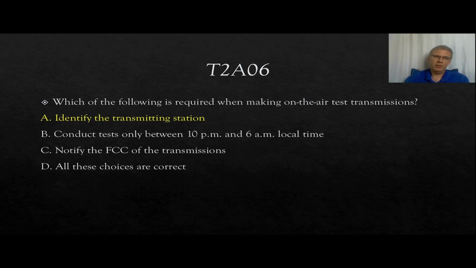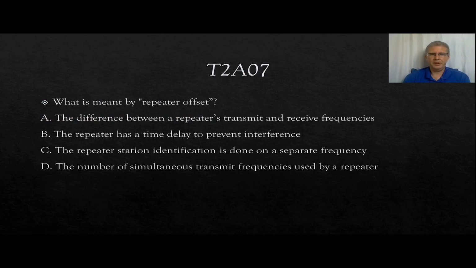If I'm playing around with the radio and I just want to see if it goes out, I'll just go on there and say KM8YOR, poof, and off. Maybe I have another radio listening for that, and I'm just listening to see if I could hear myself. There's a whole different array, but you have to give out your call sign when you transmit. That is the key thing to learn there.